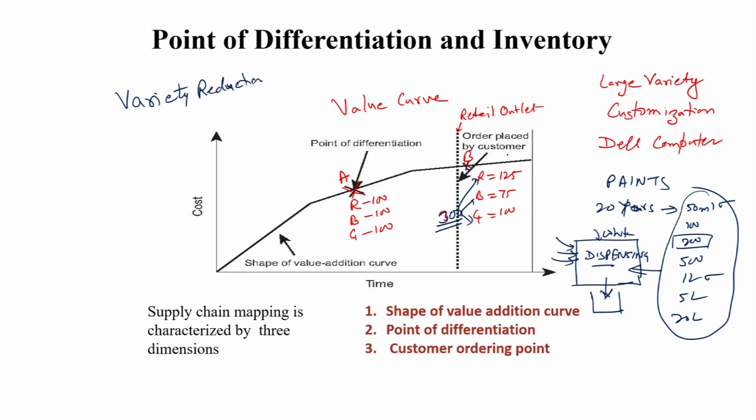So, it is very good if we can shift the point of differentiation after the customer entry point, as that will substantially reduce the inventory in the value chain. So, friends, we have seen this inventory management from 2 different perspectives.